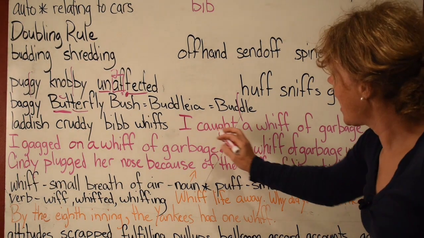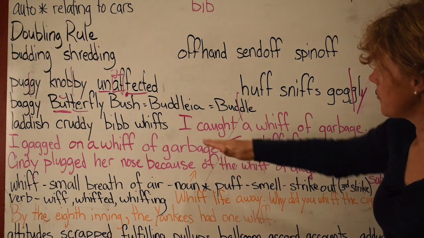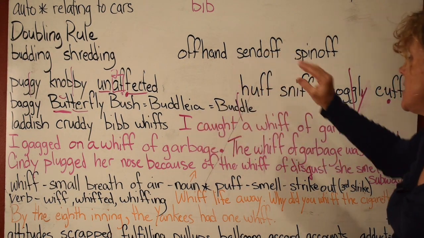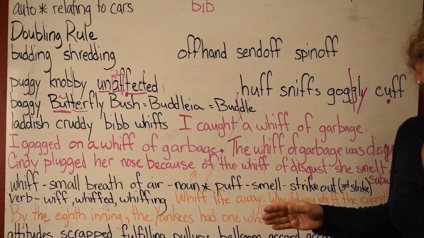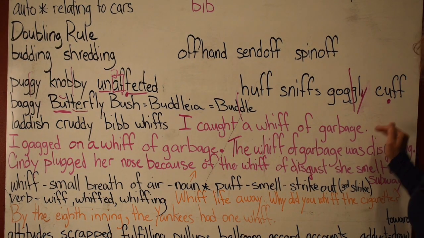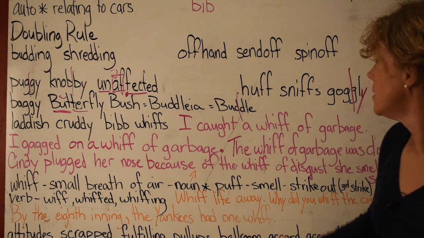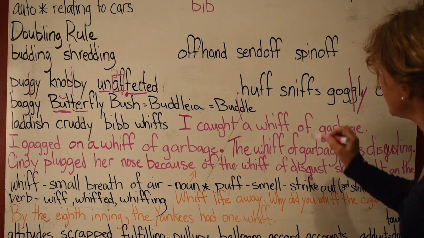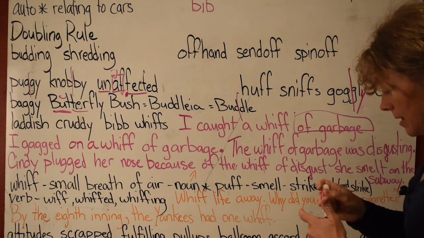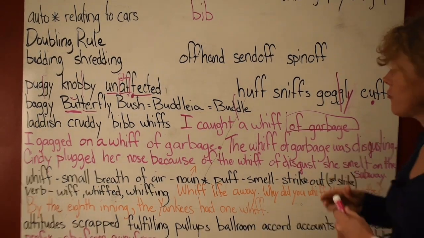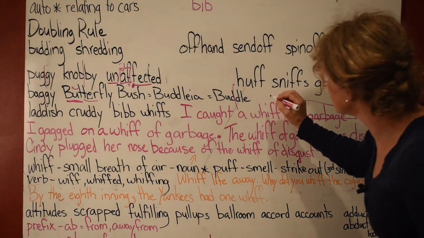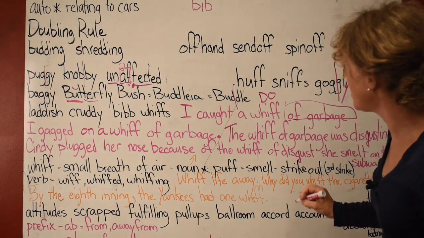So you have to look at your verb first. What's receiving the caught? You might be thinking it's the garbage that's receiving the caught, but it's not the garbage. It's the whiff. And see, of garbage right here, that is a prepositional phrase. This is your direct object.